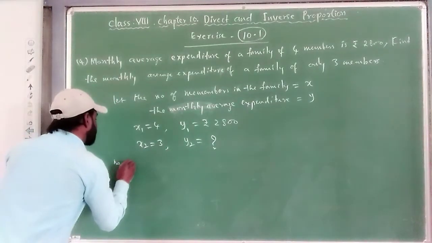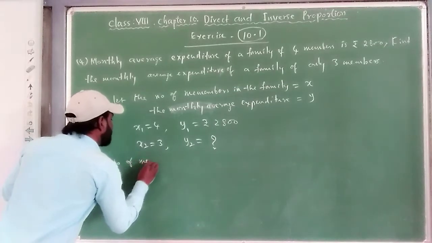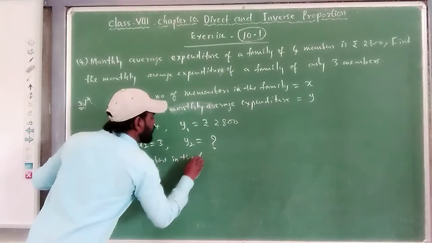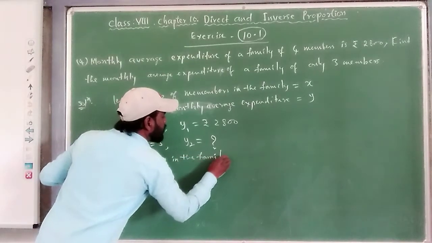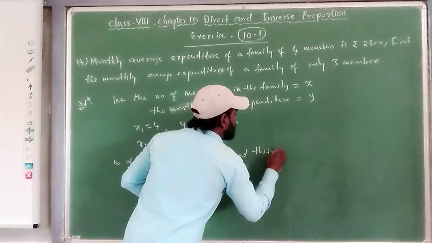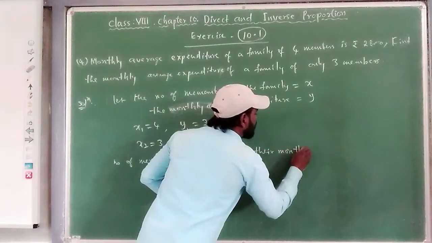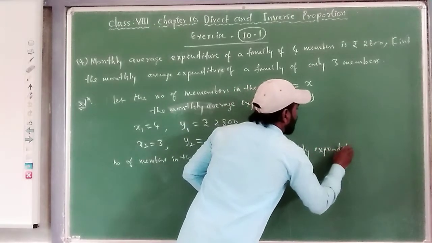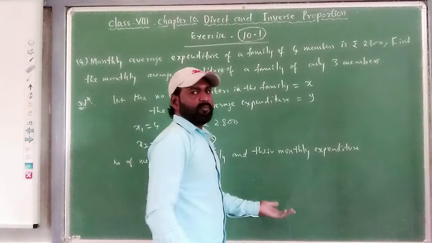So number of members in a family and their monthly expenditure will be in direct proportion.